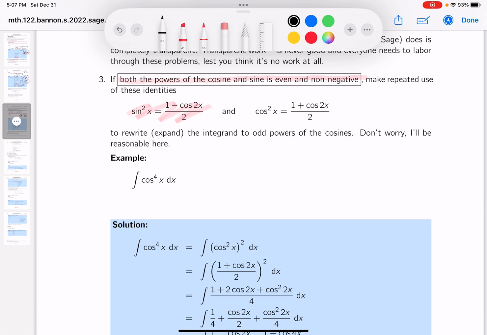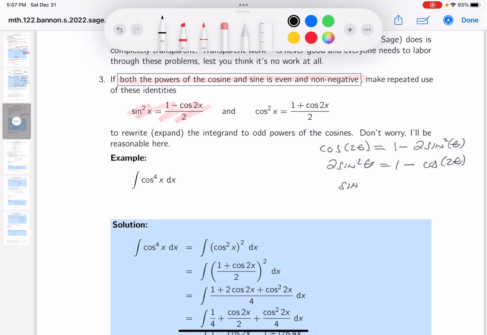So same thing, I'm going to write it down. The cosine of 2 theta can also be written as 1 minus 2 sine squared theta. And this can be rearranged: 2 sine squared theta equals 1 minus cosine 2 theta, and then divide through by 2.